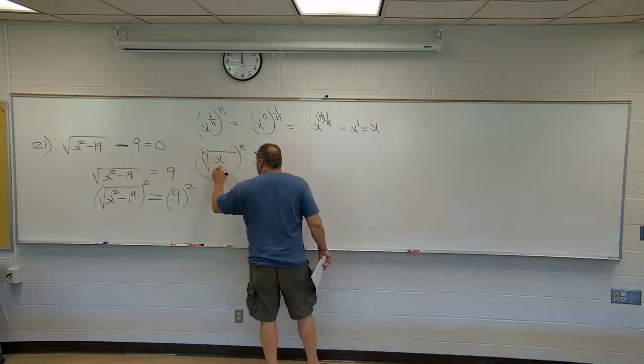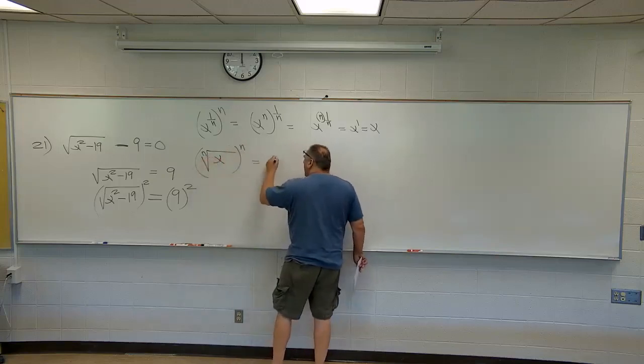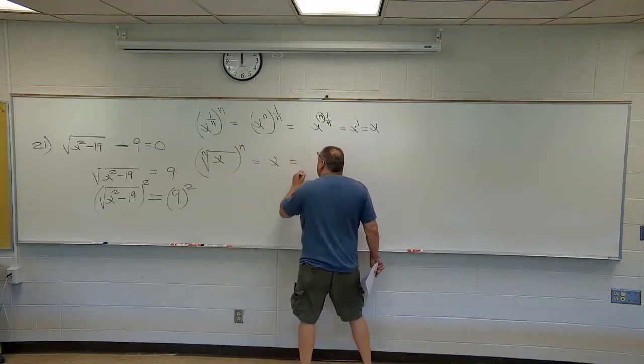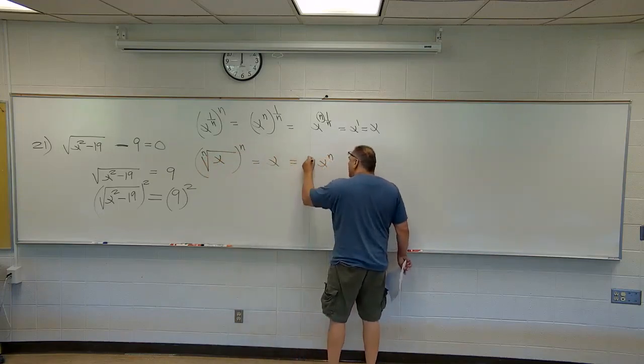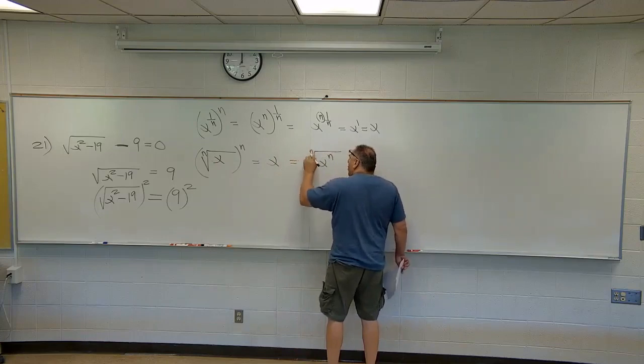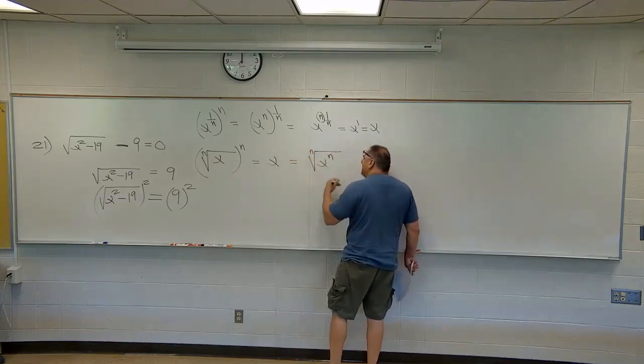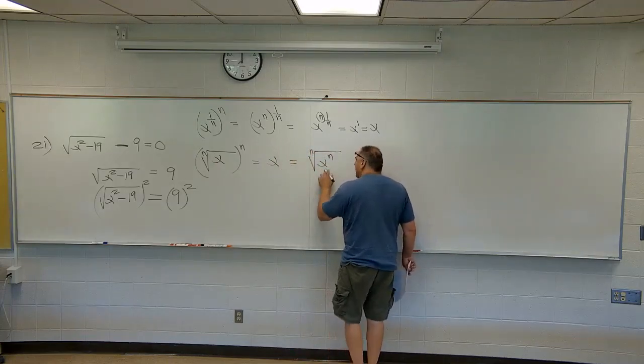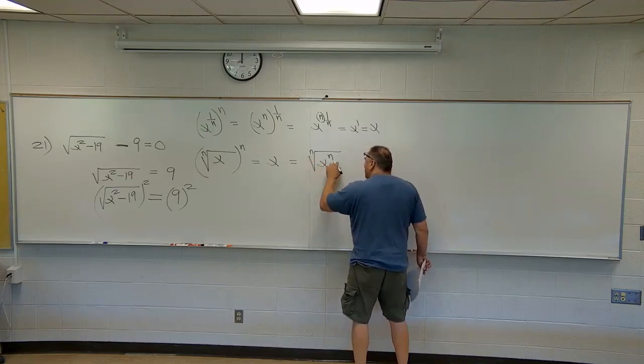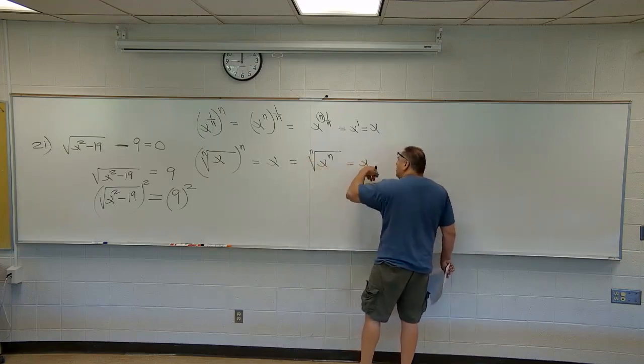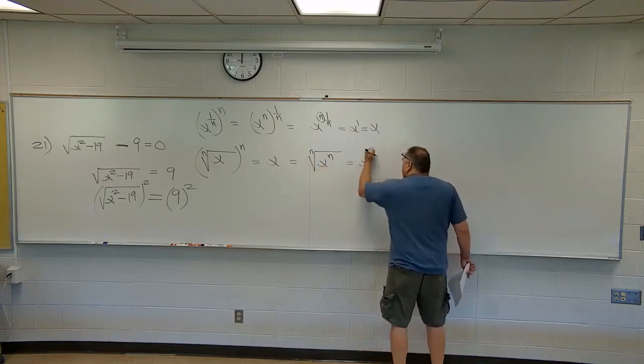The nth root of x exponentiated to the n power is x. What number times itself n times will give you x to the n? That's what the nth root of x to the n is, that number such that if you exponentiate it to the n power, you get x to the n. It's x.